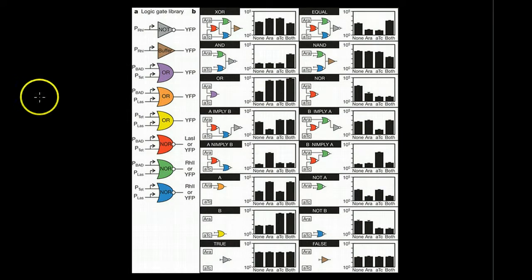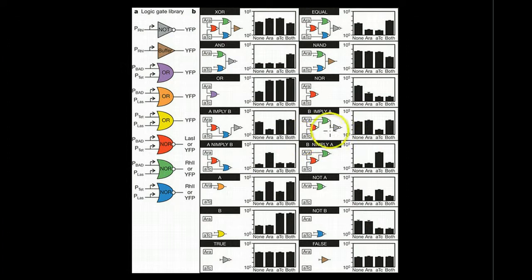So just in summary, the authors demonstrated through their experiments that a library of simple gates can be used to perform more complex computational operations by linking these gates using diffusible signals, such as arabinose, ATC, 3OC12HSL, as well as C4HSL.